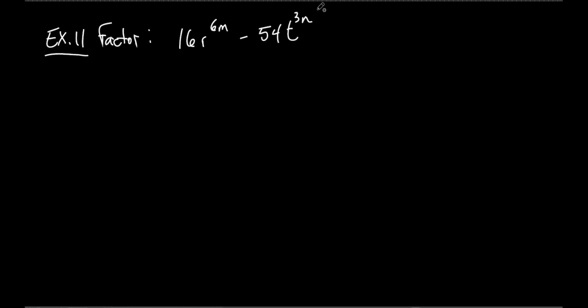Well, what did I say on the last problem? What's the first thing you should always look for when it says to factor? Greatest common factor. Okay, so let's do that first. Maybe there's something to make it look a little bit better. Who knows? Is there? 16, 54.